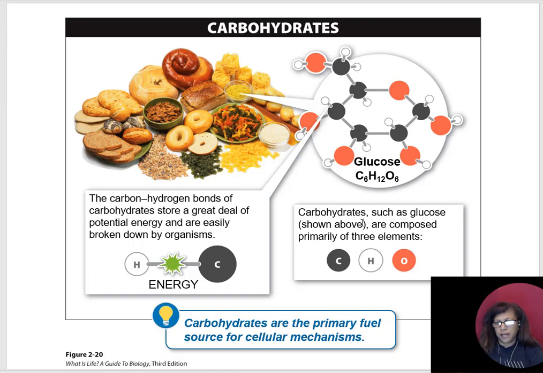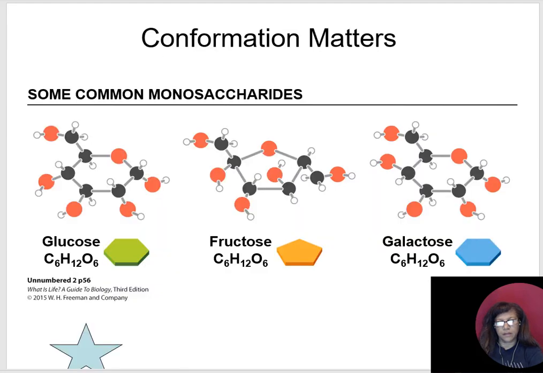And so carbohydrates, such as glucose, are composed primarily of three elements: carbon, hydrogen, and oxygen. And carbohydrates are the primary fuel source for cellular mechanisms. Okay.